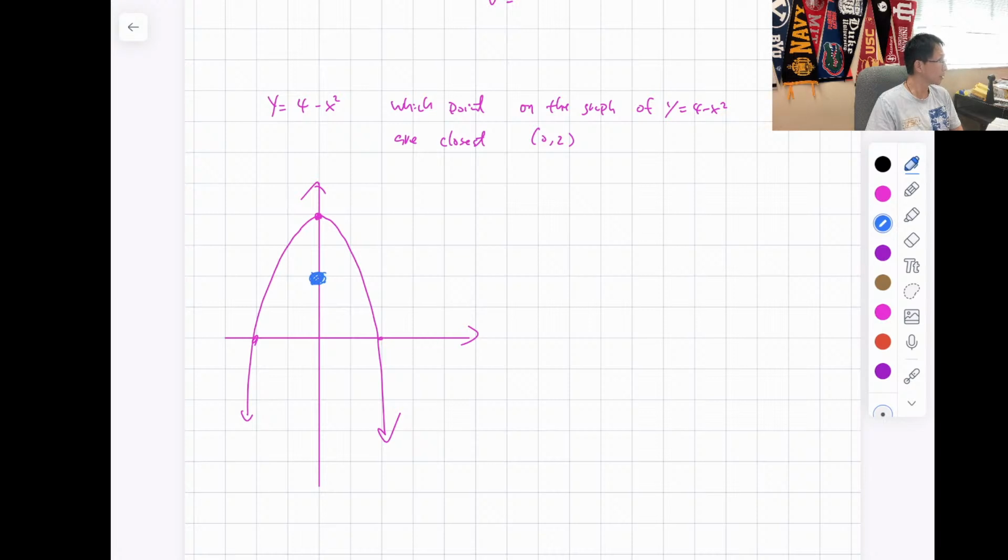Yes? Same number. y equal to 2? No. So this case is kind of different.